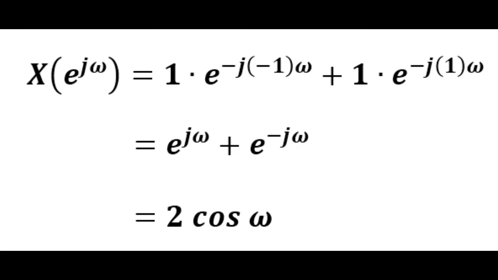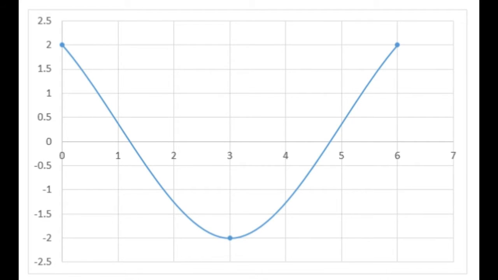If you take a look at the trigonometric identities, this formula can be converted to 2 cos ω, and 2 cos ω is the answer for this question. The graph shown is the cosine graph, which is the answer from the previous equation, with an amplitude of 2.